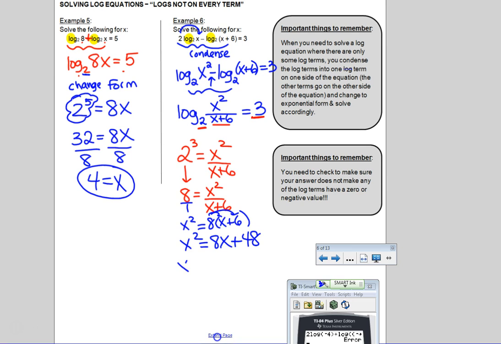Quadratic equation, I want to bring the terms over, make it equal to 0. Factor. And solve.